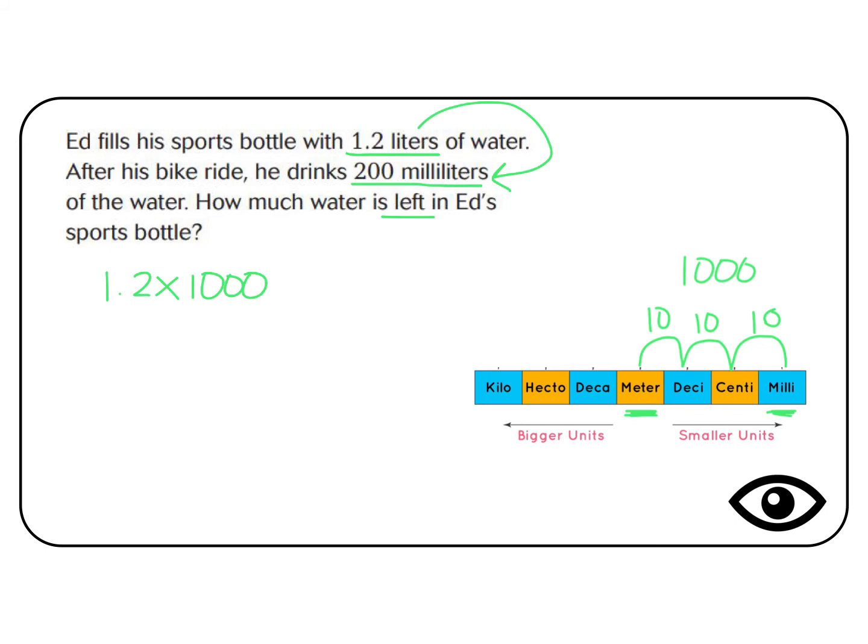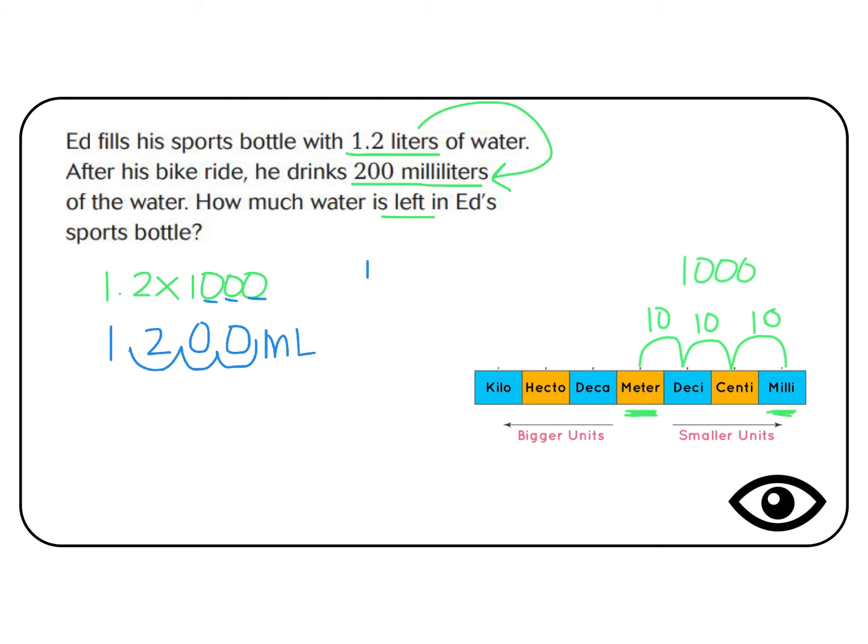1,000. When we multiply a decimal by a big number, we move it 1, 2, 3 places. So 1.2, move it 1, 2, 3 places, and then we fill in those gaps with zeros. So that means that in his water bottle, he has 1,200 milliliters of water.